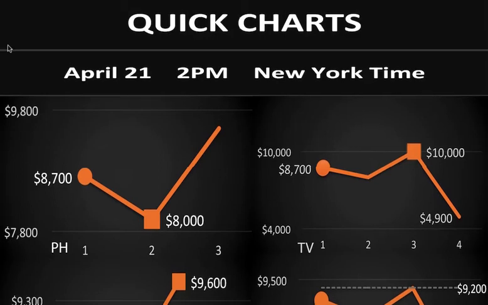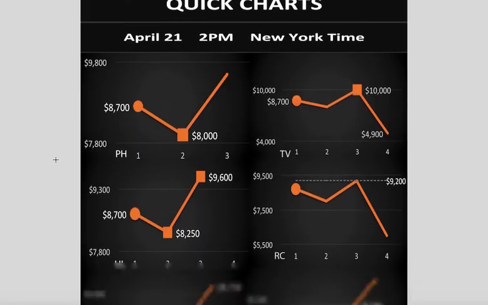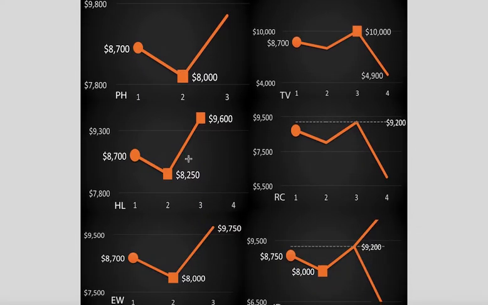Let's just blow this down a little bit. It's a little bit too big here. Okay, so we have the 6 charts here, and on the left hand side we have the bullish scenarios, which are the 3 analysts that are bullish.